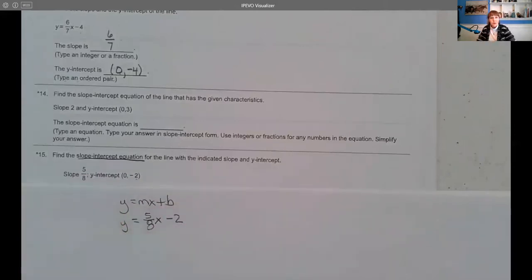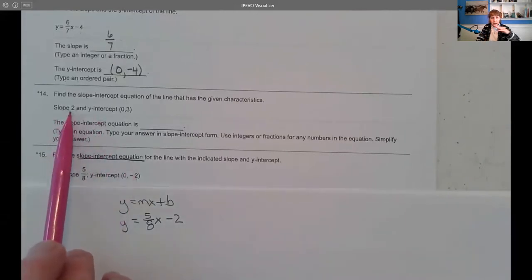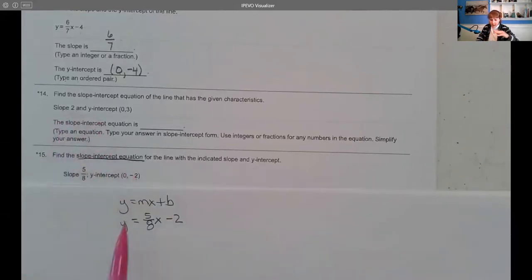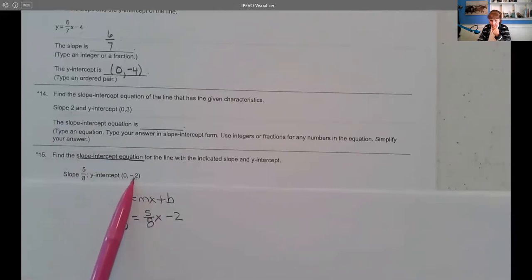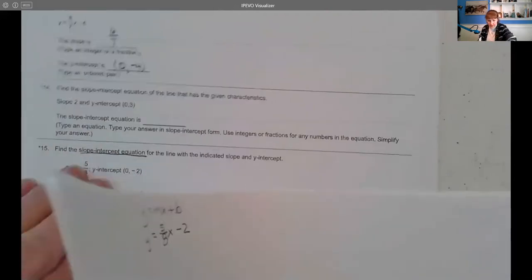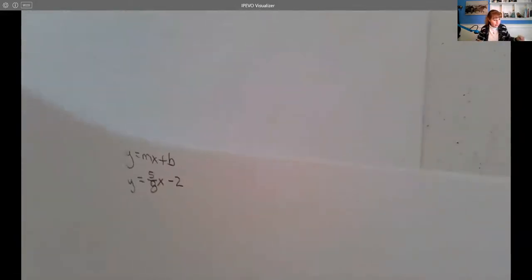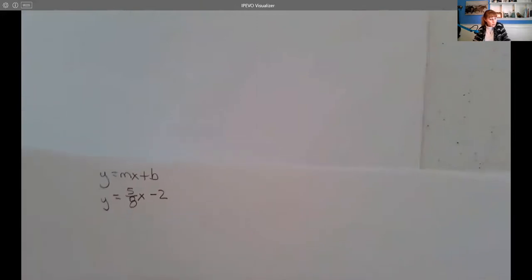And there's your equation of the line with those characteristics. It has a steepness of 5/8, not quite as steep as the other one, and it's positive. It's going up to the right, and it hits the y-axis at -2. That's the last one of those.